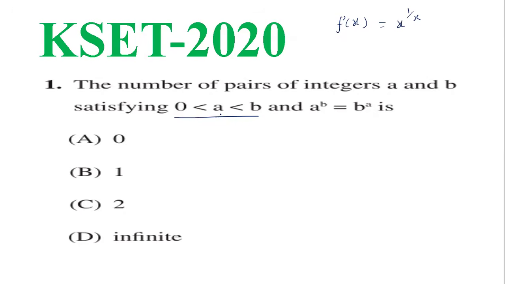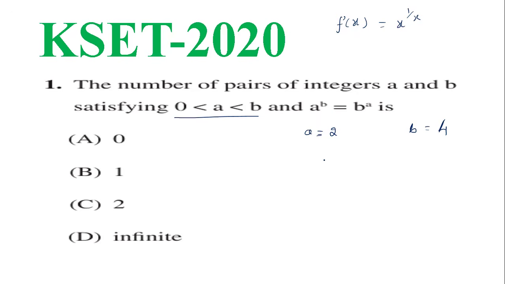The condition is 0 less than a less than b. We want to take a and b values for which this equality holds. Take a equal to 2, b equal to 4. For practice, you can take other values also. I already tried these values.